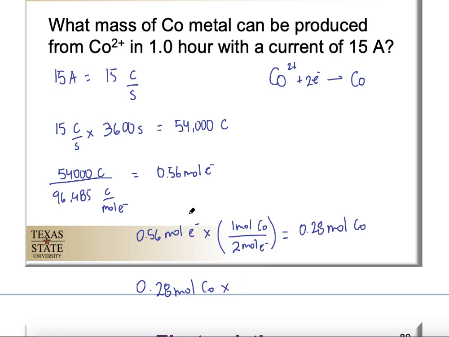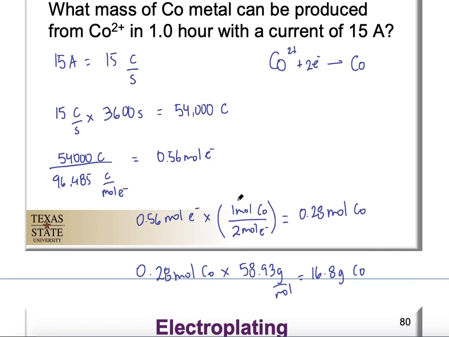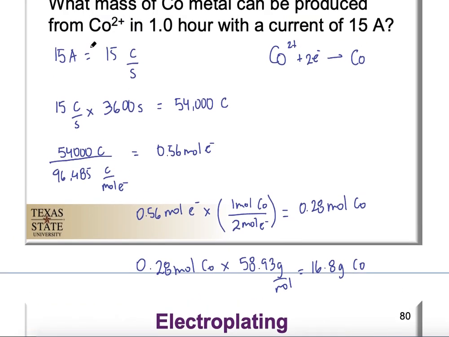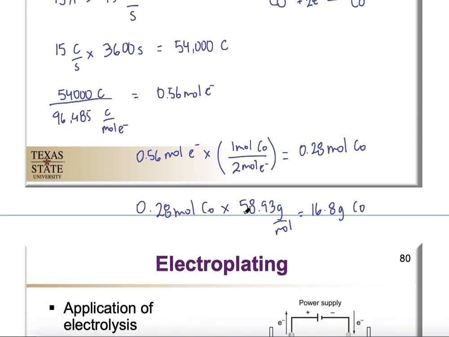The molar mass of cobalt is 58.93 grams per mole, and that gives us a total of 16.8 grams of cobalt. That's it for that problem. And again, you could have done that whole thing in one single line and it would have probably been a little bit easier, but if you like it step by step, this is how you would do it.